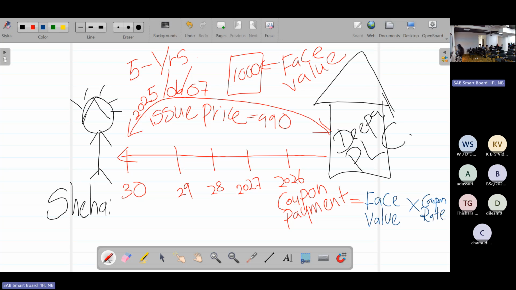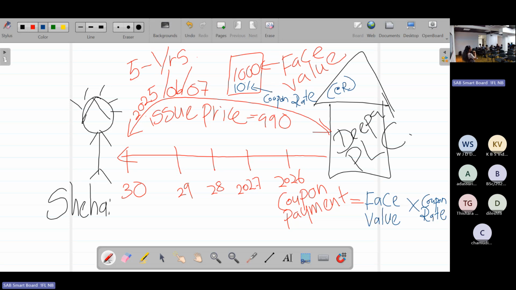Face value multiplied by coupon rate. Now, in this paper, they mentioned the coupon rate, CR. Please draw this one. Coupon rate, or else you can name it CR. CR, coupon rate, is 10%.